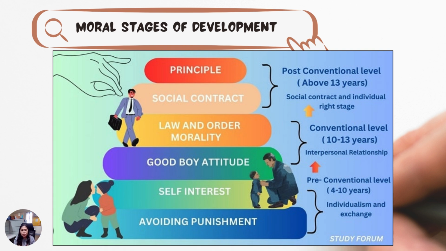Children at this stage, the pre-conventional level, determine what is right and wrong based on the physical consequences of their actions, whether they will be punished or rewarded. So it is a typical early childhood stage where moral understanding is self-centered and authority driven.